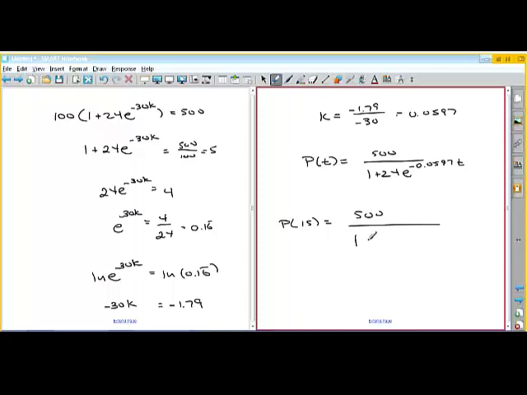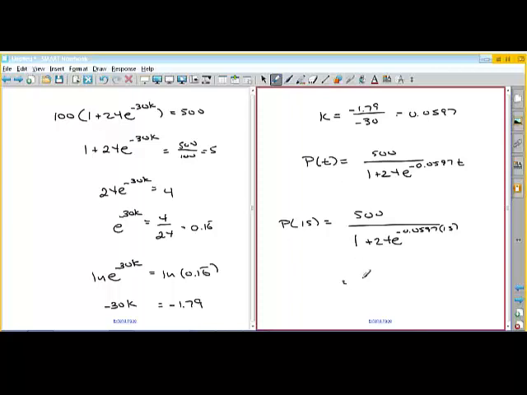So you get 500 divided by 1 plus 24 e to the minus 0.0597 times 15. So that's just plugging your stuff into your calculator. 500 divided by the quantity 1 plus 24 times e to the negative 0.0597 times t, which is 15.